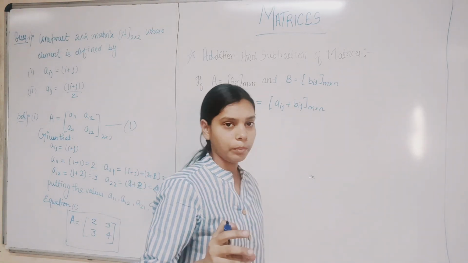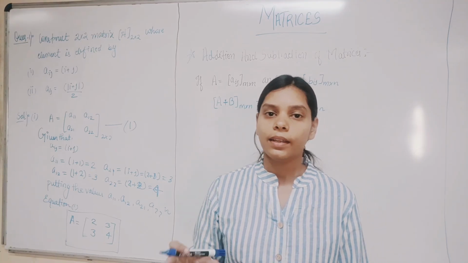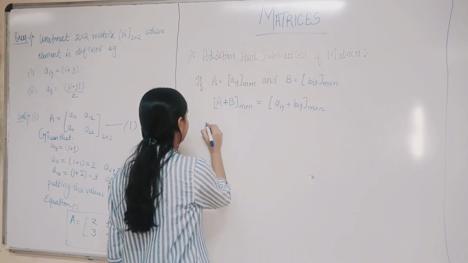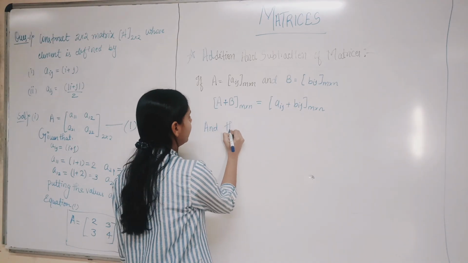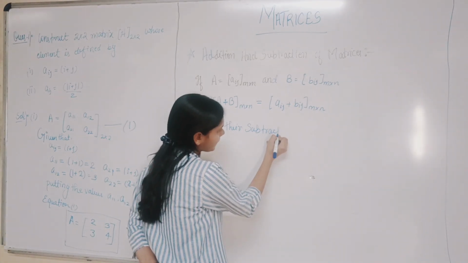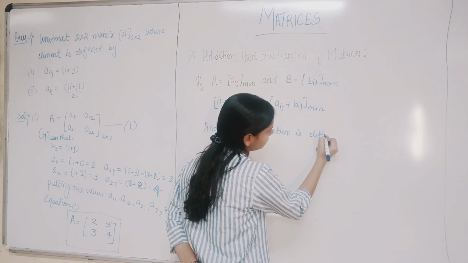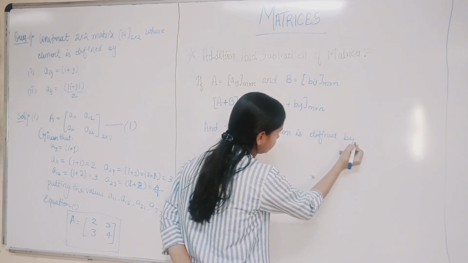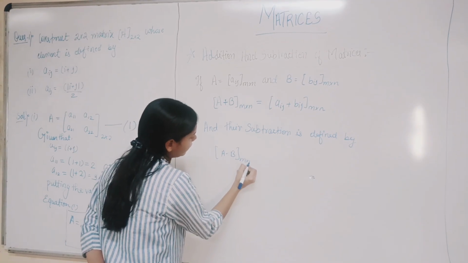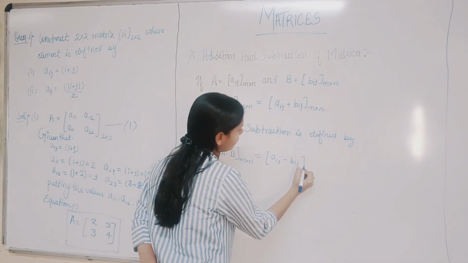Continue the given statement: and their subtraction is defined by A minus B, M cross N, is equal to Aij minus Bij, M cross N.